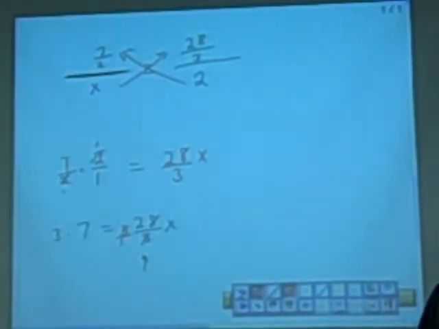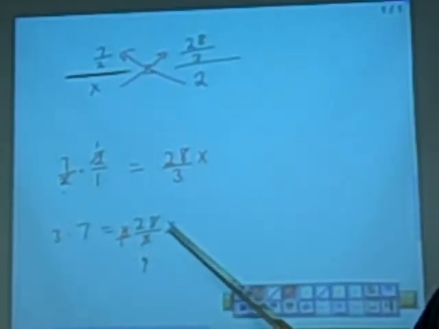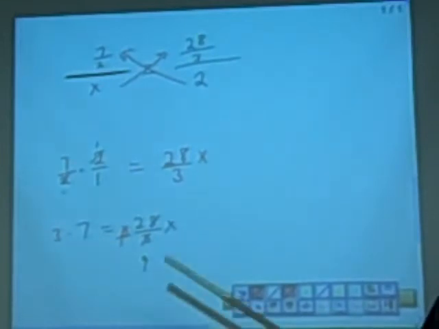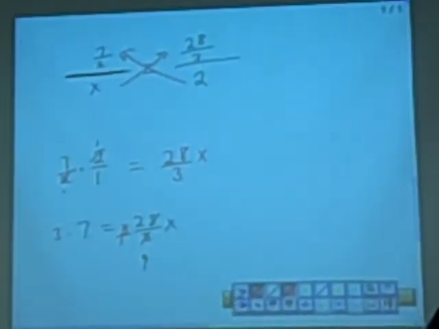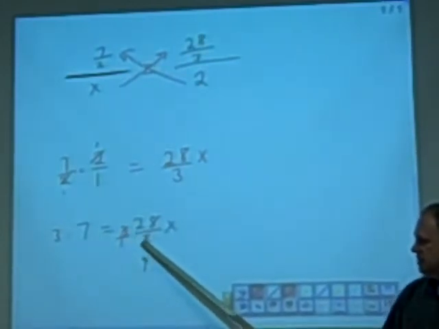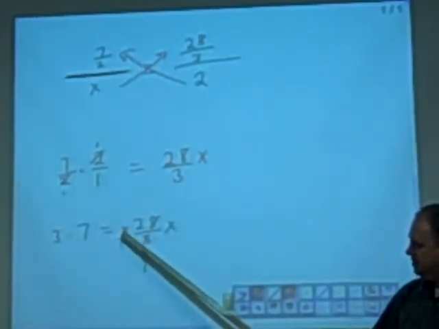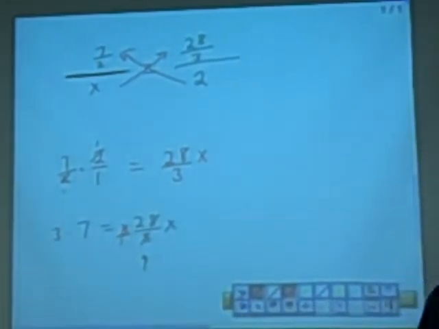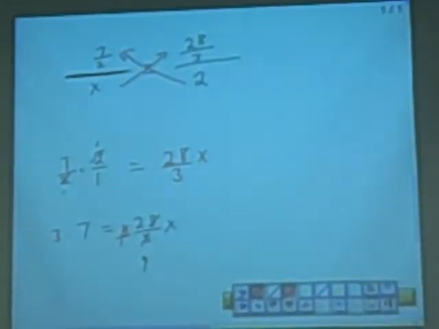Okay, whatever you look at, what am I doing in relation to x? Am I adding, subtracting, multiplying, or dividing? In this case we're dividing, so we want the opposite operation, which is to multiply by 3. If we multiply the 3 on the right side, we have to multiply the 3 on the left side as well.